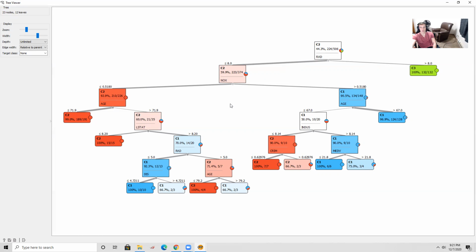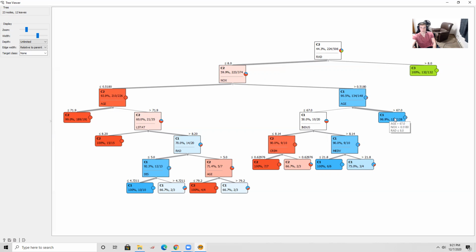But from that point, it then goes into the third decision variable, which we'll talk about here and not go too far down this tree, which is the age of the house. Starting on the right side, if age is less than or equal to 67, it's got a 50% chance of being in C1.